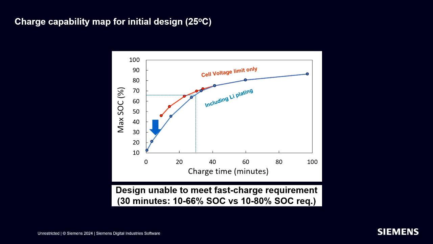The plot is curved because it gets harder and harder to get to higher SOC values. The red curve represents the charge map when only the full cell voltage limit is taken into account, and the blue curve represents the charge map where lithium metal plating is taken into account as an additional constraint, thus reducing the fast charge capability.